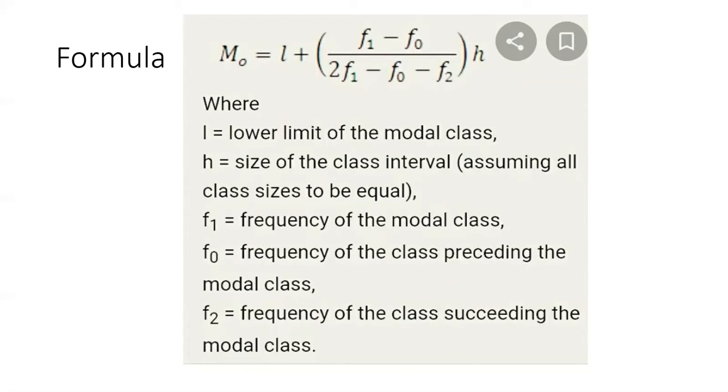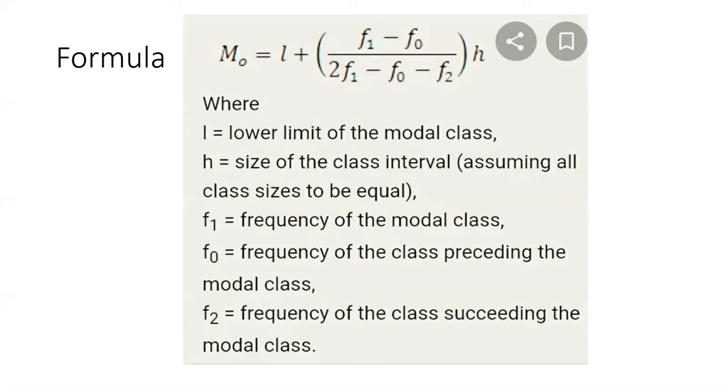This is the way you can compute the mode in a grouped frequency table, where L1 is the lower limit of the modal class. Earlier, in case of median, we were considering the median class; here we are considering the modal class. L1 is the lower limit of the modal class. h is the size of the class interval, assuming that all the class sizes are equal.